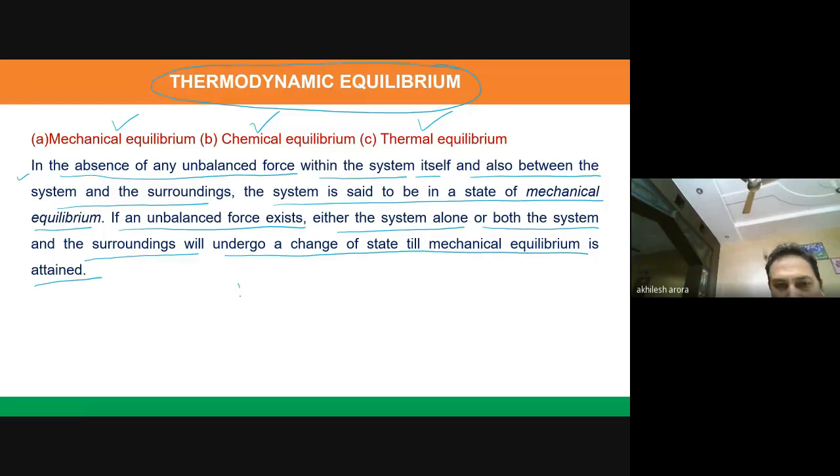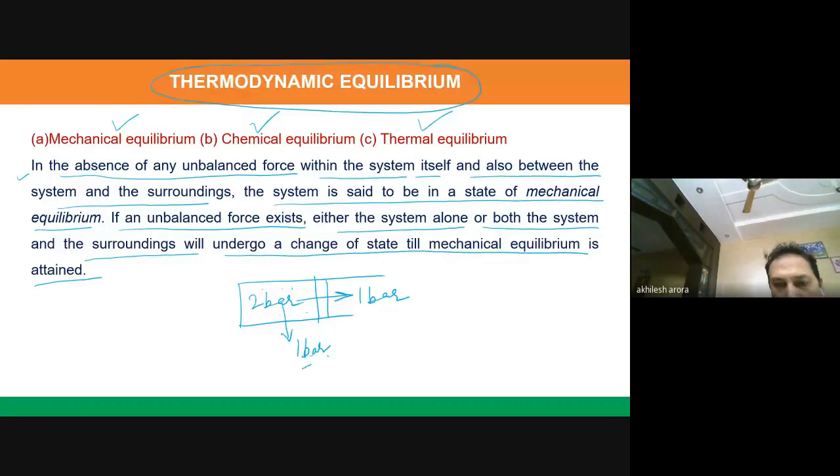So basically, for example, suppose the pressure here is 2 bar and the pressure outside is 1 bar. What will happen? Do you think this piston will not move outward? It will move outward till the pressure here falls to 1 bar.